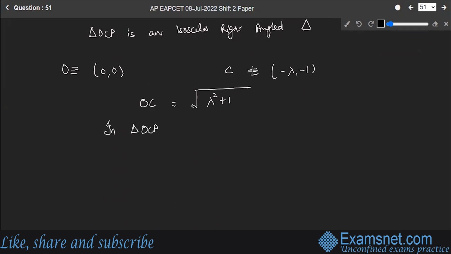So in triangle OCP, OC square is equal to OP square plus PC square. OC square is equal to lambda square plus 1. OP is equal to lambda, we just discussed it above, plus lambda square. So you will have lambda square is equal to 1. That's it.